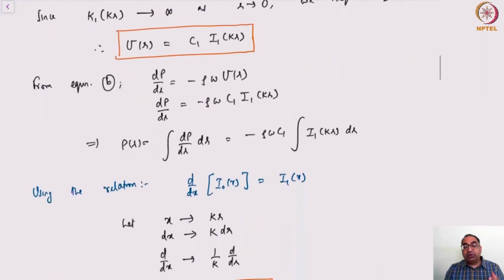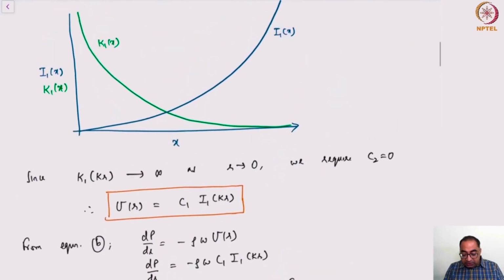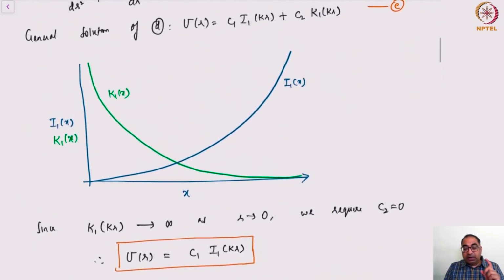Then we applied the boundary conditions. The boundary conditions were applied at r equal to 0, and then we also applied 2 more boundary conditions. Why did we use 3 conditions? The reason we need 3 conditions is because we have to get rid of 3 quantities.